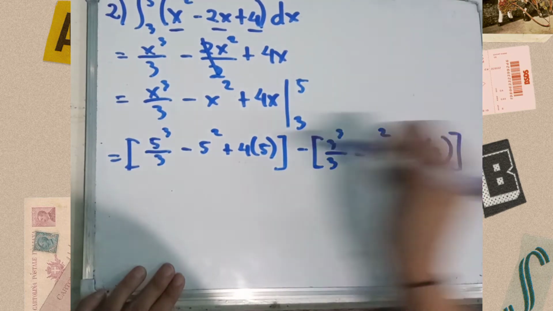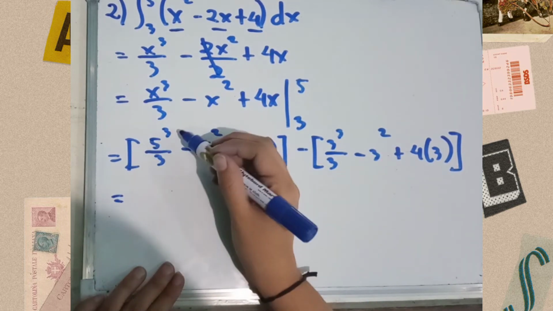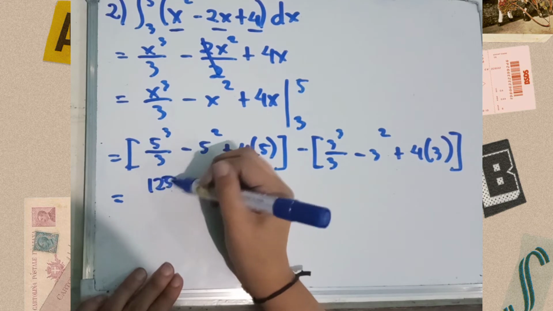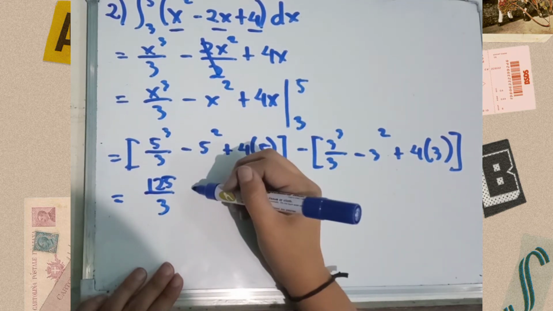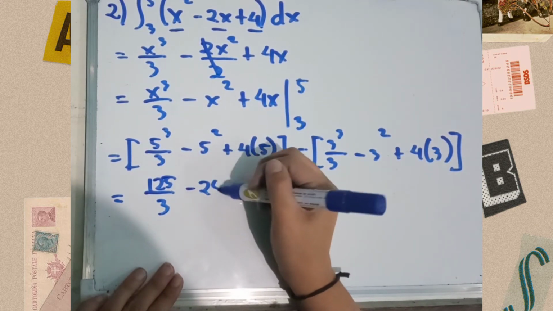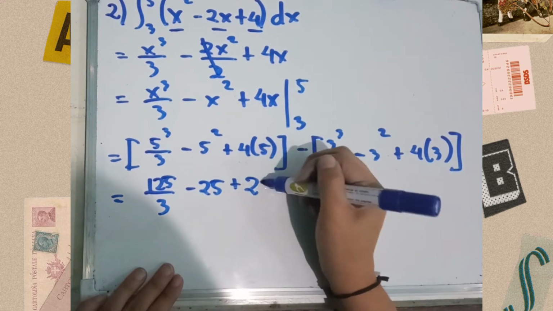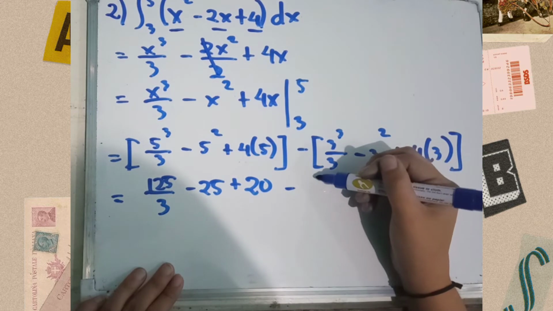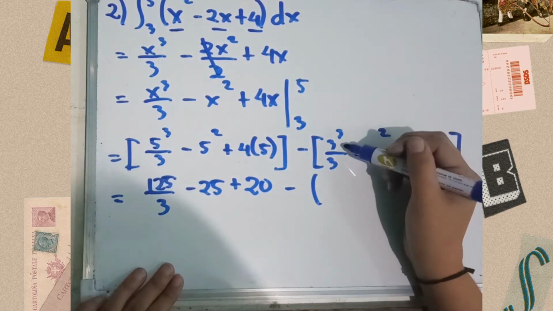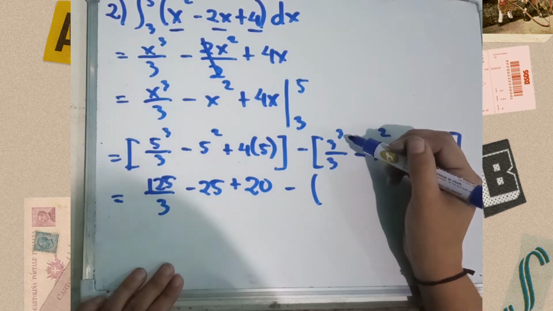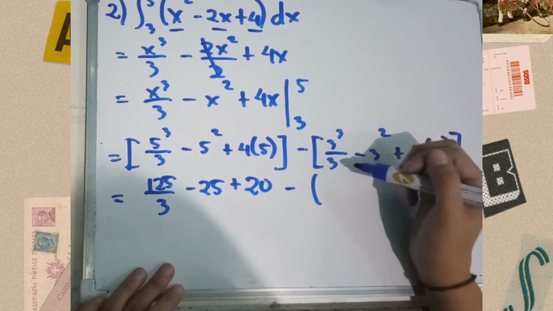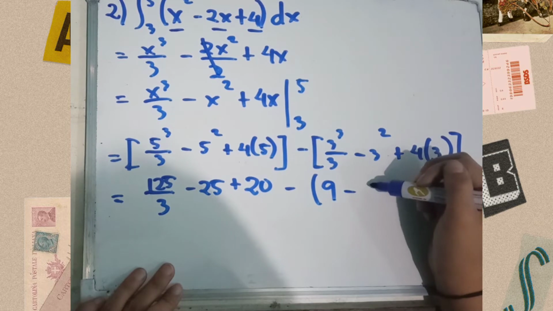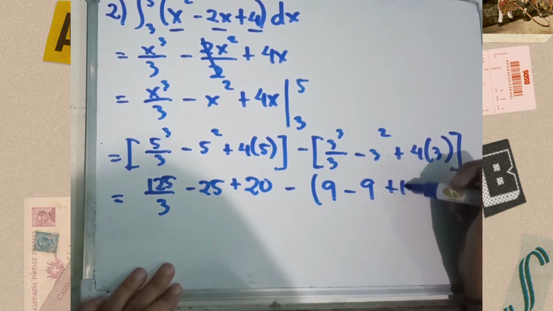So simplifying, 5 cubed is 125 over 3, 5 squared is negative 25, plus 20, minus 27 over 3, which is 9, minus 3 squared, which is 9, plus 12.